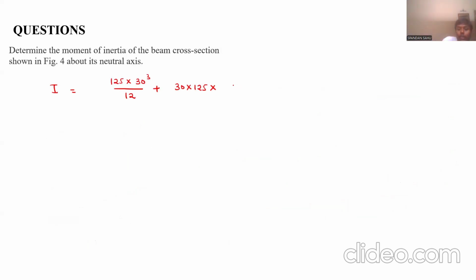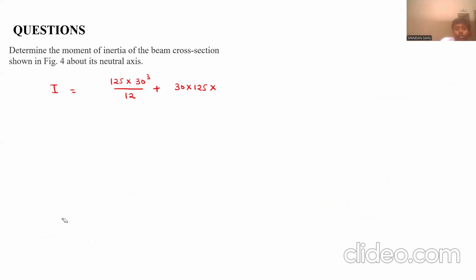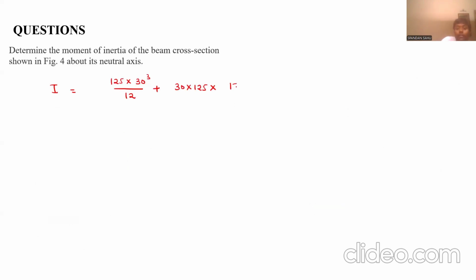It will be 30 plus 125, that will be 155. Sorry, it won't be 30 plus 125. It will be 174.6875 minus 15.